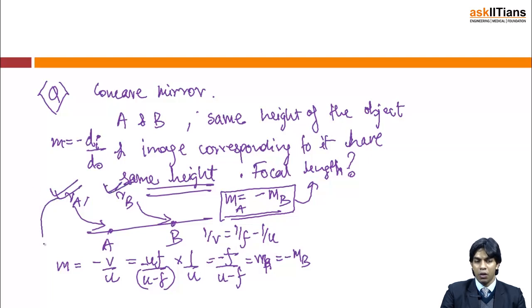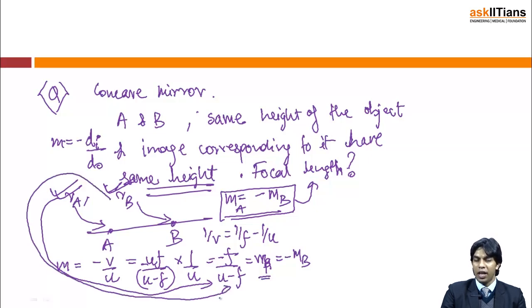If I substitute the value of RA here, I get MA. If I substitute the value of RB here, I get the magnification at point B. Using these two, we will find that the focal length is equal to RA plus RB by 2.